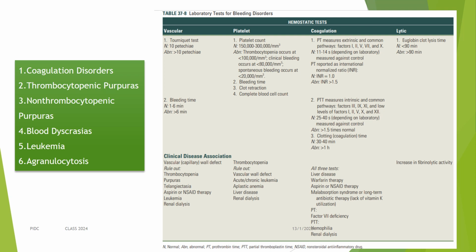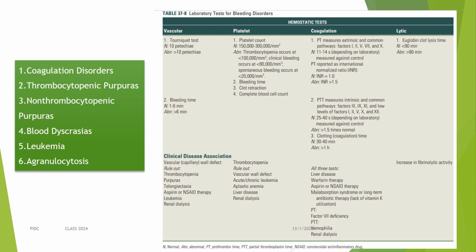Bleeding time, normal is 1 to 6 minutes and abnormal is more than 6 minutes. Next, coming on to the platelet count, know that 1,50,000 to 3 lakh is around normal. Anything less than that results in thrombocytopenia. And next, coming on to the coagulation, you have the extrinsic pathway, intrinsic pathway, and the common pathway.